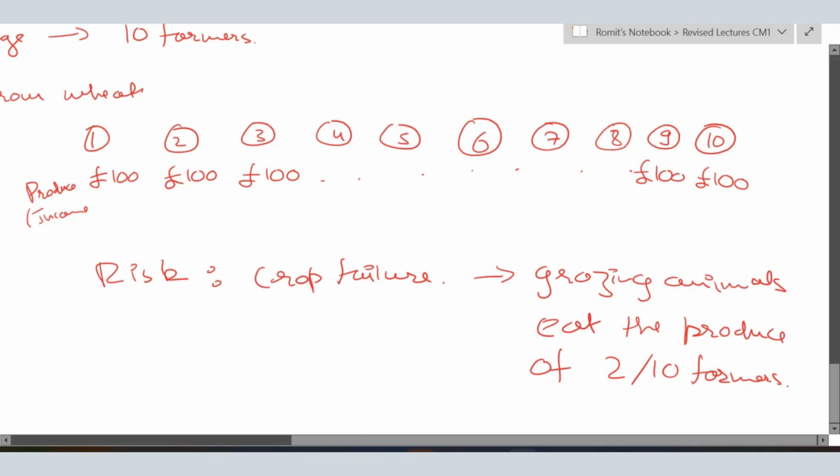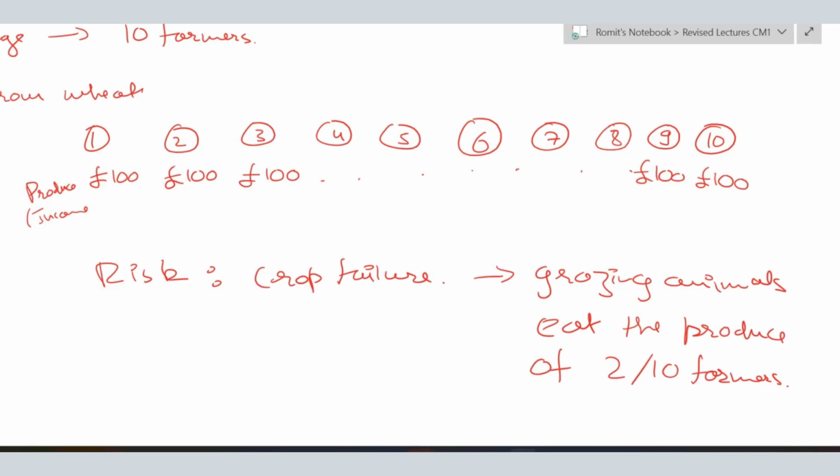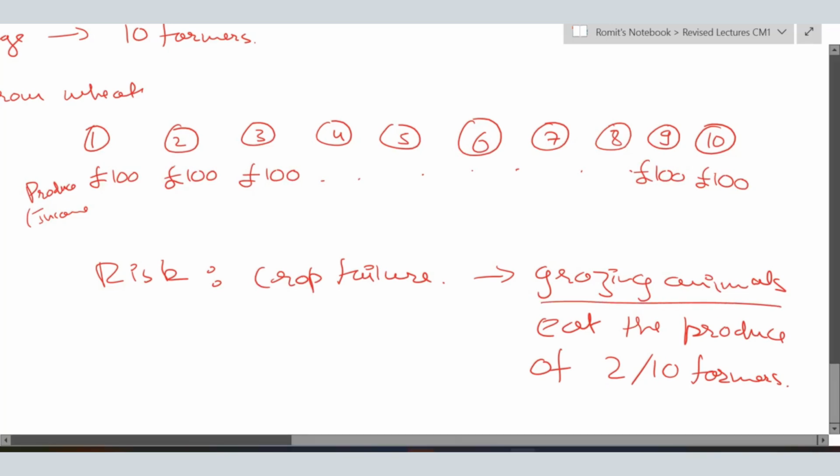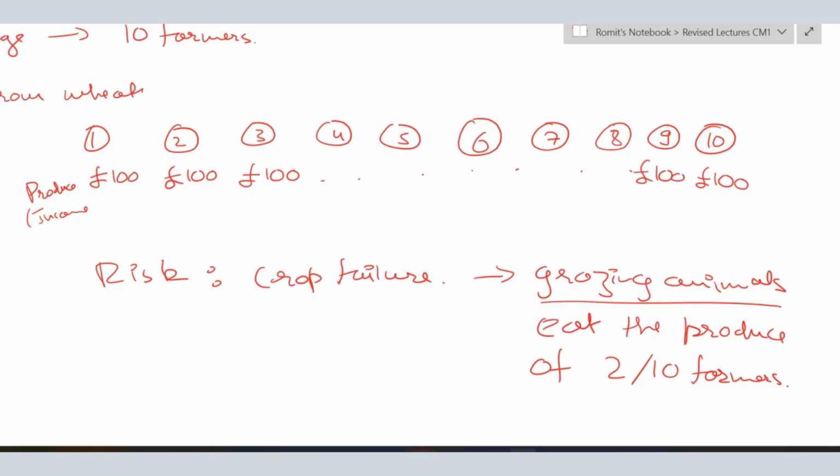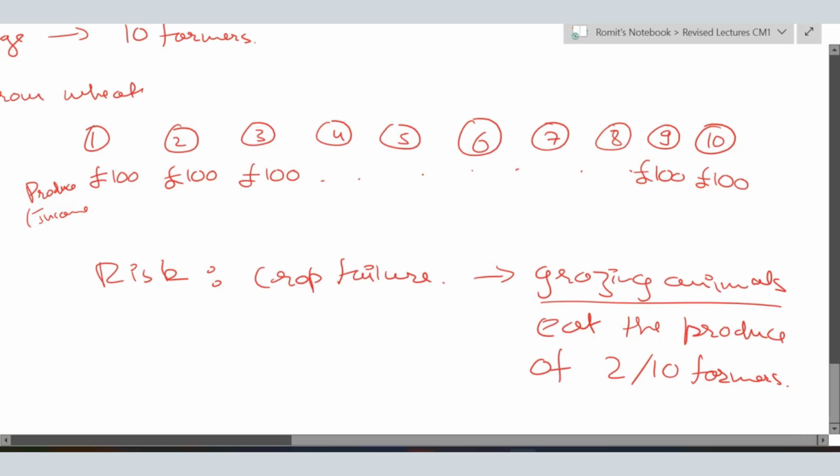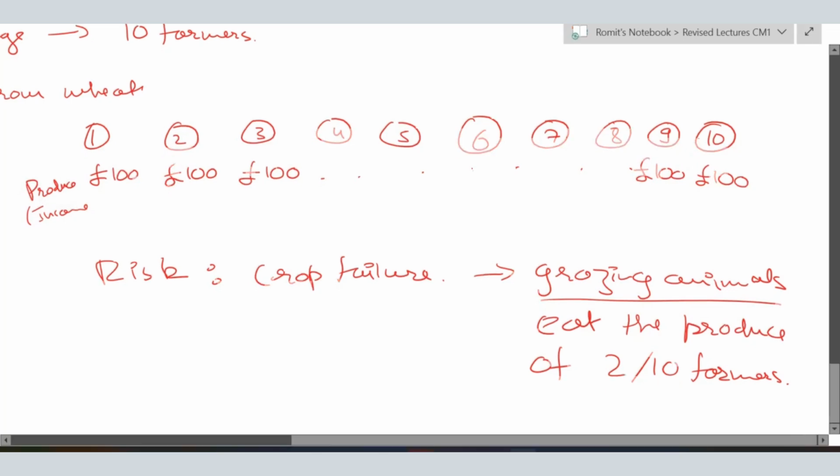Every year 2 out of 10 farmers lose their crop completely because grazing animals, maybe cows, maybe sheep, any wild animal, come in and eat all the produce of the farmer, and those farmers are ruined.